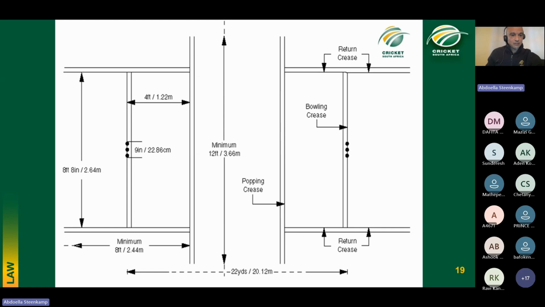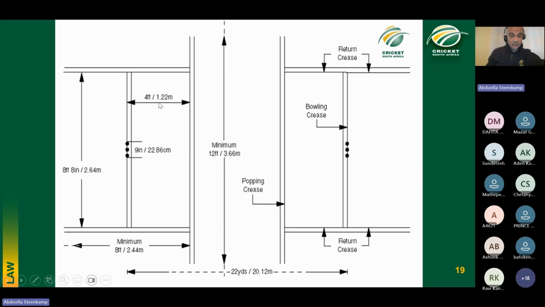If it goes from the inside edge of the one return crease to the other, they're looking for the full length. If it only goes up until middle stump, they're looking for half. Same principle will apply to the popping crease. Look at the arrows.